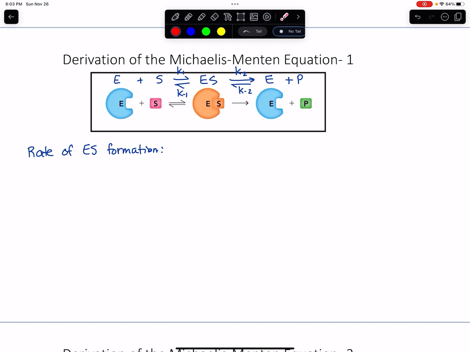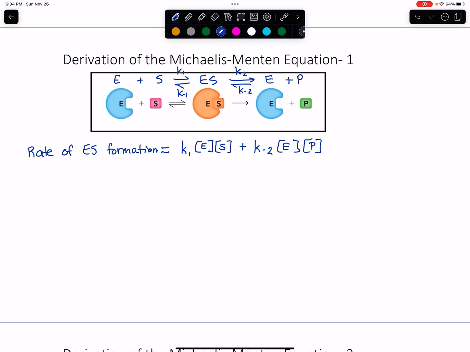So if we write our rate equation, we've got K1 times, missed a bracket there, times the 2 things that it's going to depend on, right? And then the other way we can make this is by recombining of product. So K minus 2 times E times P.